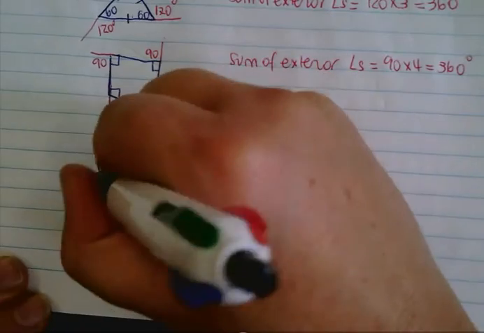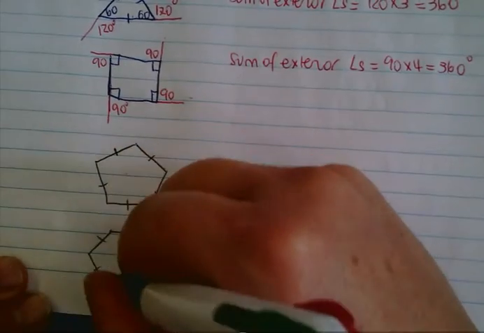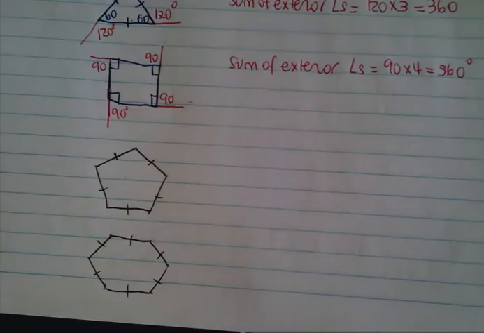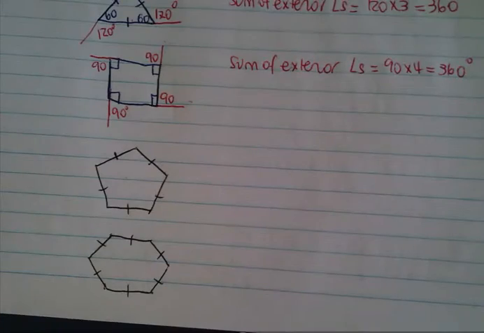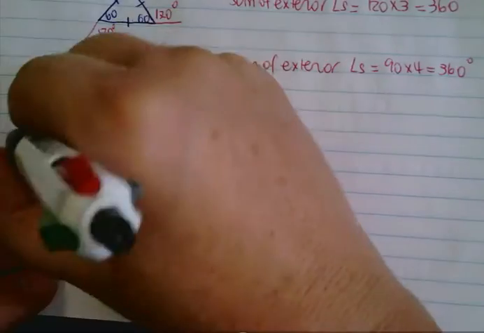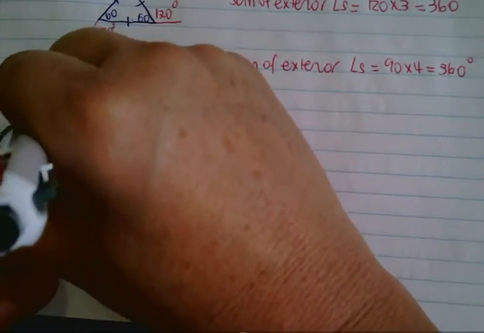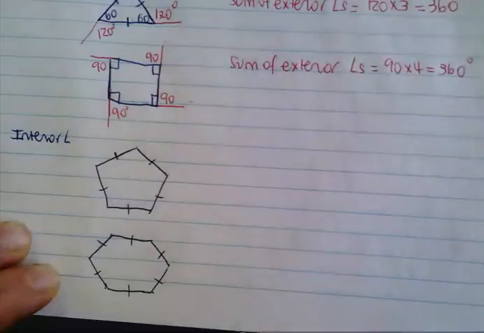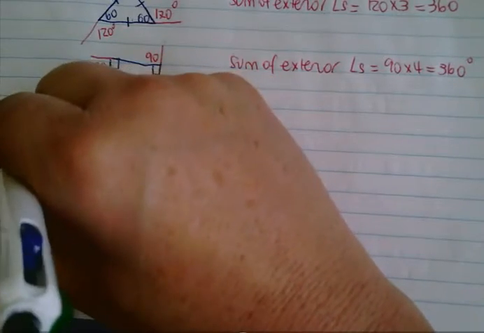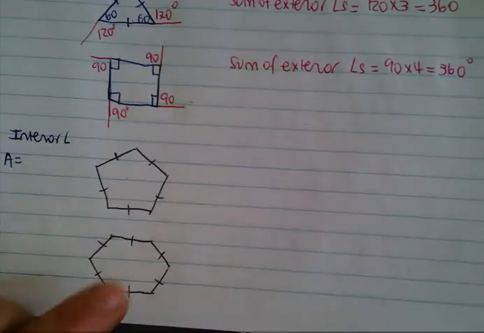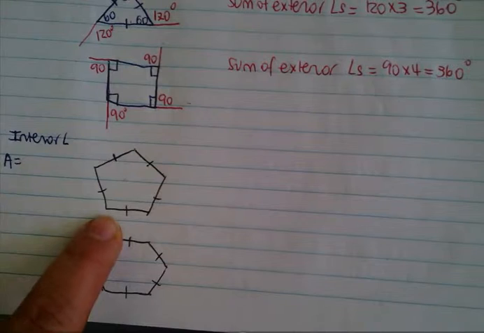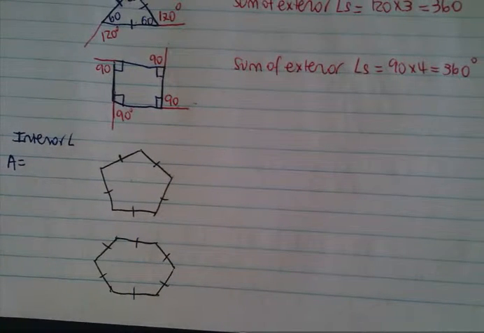Please don't talk. I need to finish in time. I want the size of an interior angle. How do you find the size of one interior angle for a pentagon?